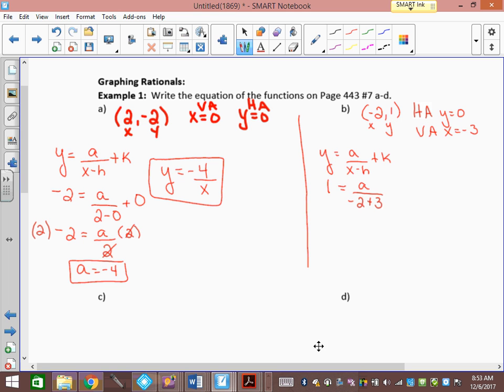And then plus 0. It's minus 3, not 2. Then we get 1 equals a over 1 plus 0. So a just equals 1. So there's actually no stretch, right? So we get y equals 1 over x plus 3.